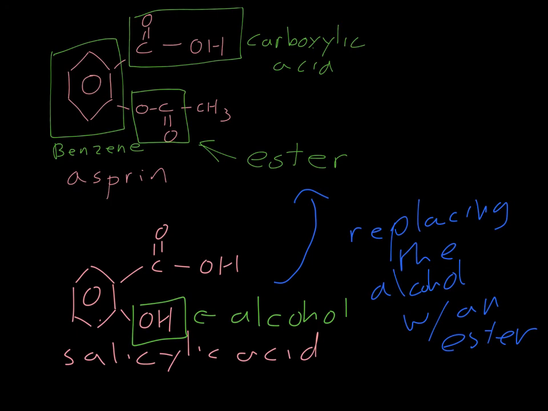Because even if you didn't know what aspirin was and salicylic acid was, as a chemist, you could look at an unknown compound, and if you could identify the functional groups, you could figure out how to transform that compound into another compound because you know the chemistry of those functional groups.